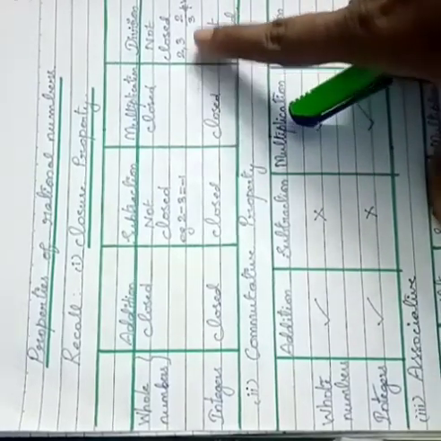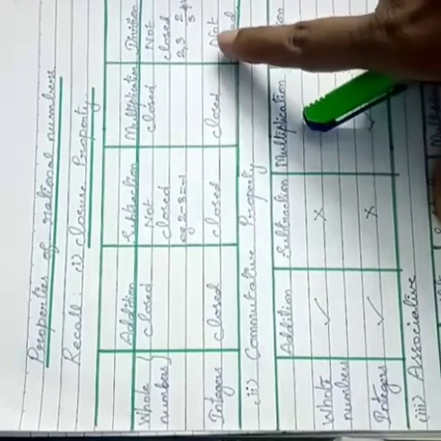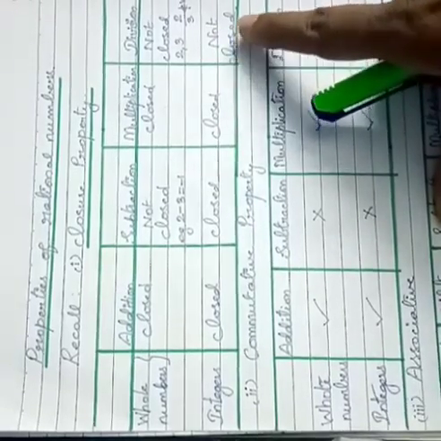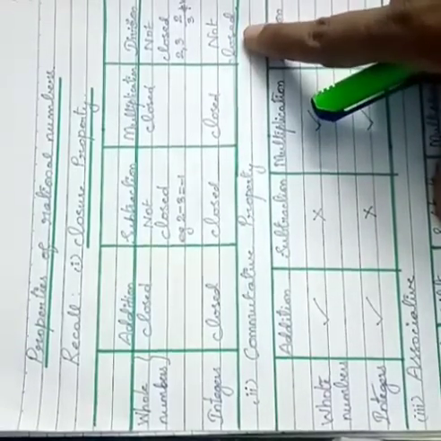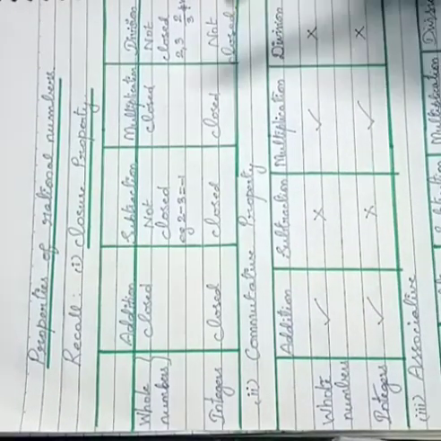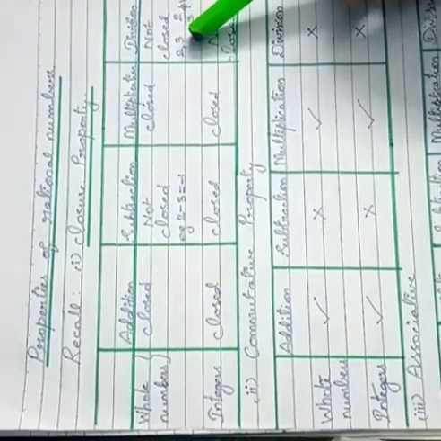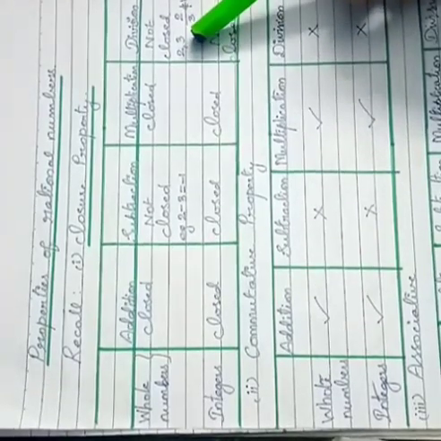When we take two integers and divide, the resultant number does not belong to the set of integers, so it is not closed under division. Because when we consider two numbers 2 and 3, 2 divided by 3 will be in the form of 2 by 3, which is a rational number, but it is not an integer, so it is not closed under division.